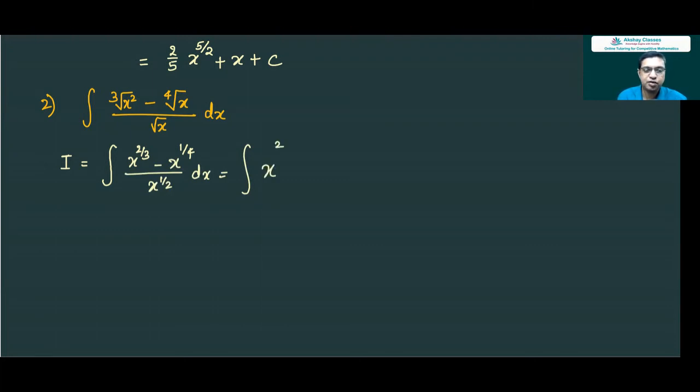So we get x^(2/3 − 1/2) − x^(1/4 − 1/2). So this is x to the power 4 minus 3, that is 1/6, and the other is x to the power −1/4. Be careful with the signs.